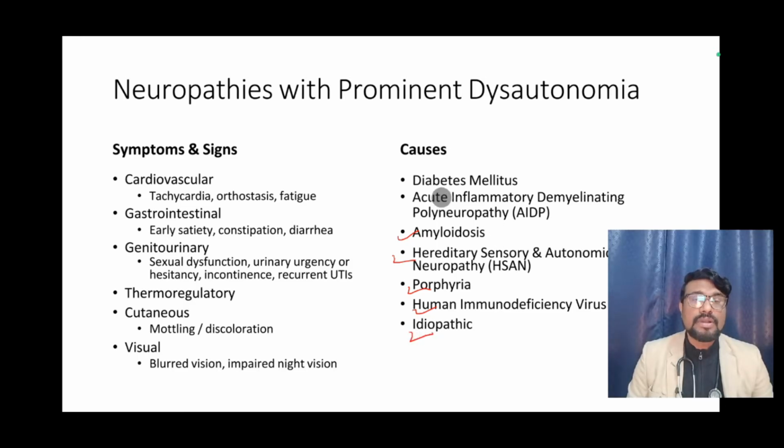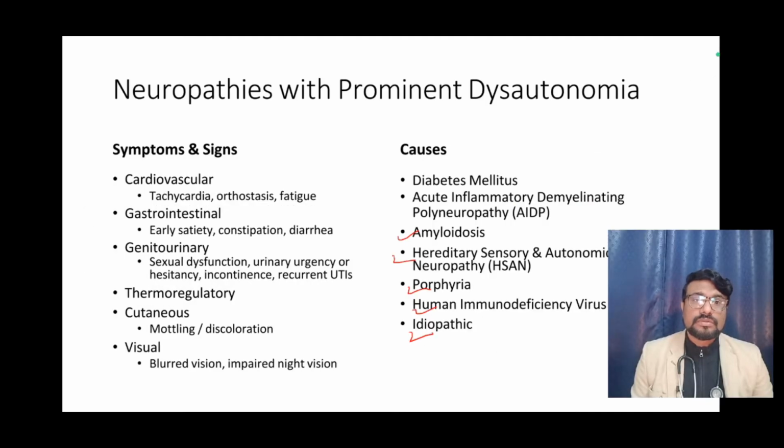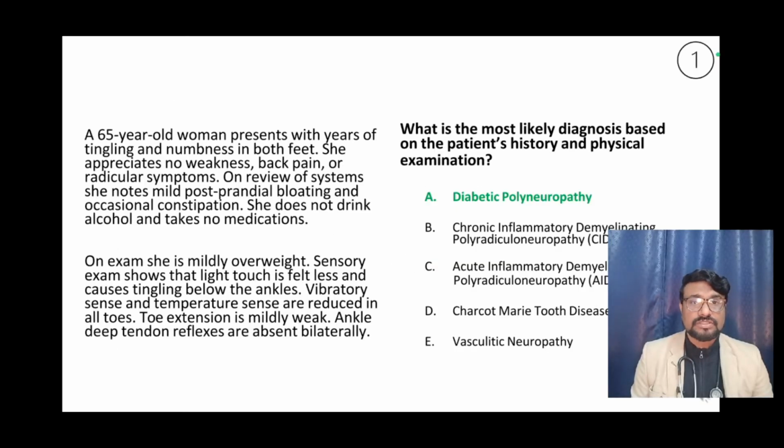These are the common neuropathies in which, along with the neuropathic presentation, these patients also present with autonomic dysfunction. So, this was all about neuropathies with prominent autonomic dysfunction.